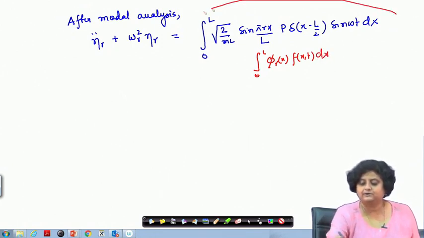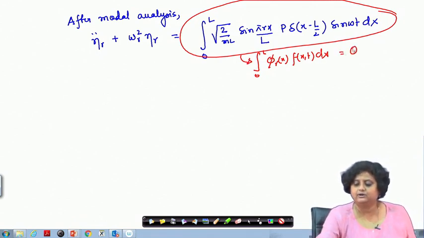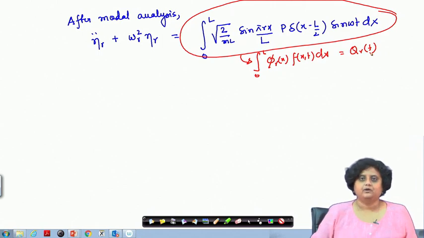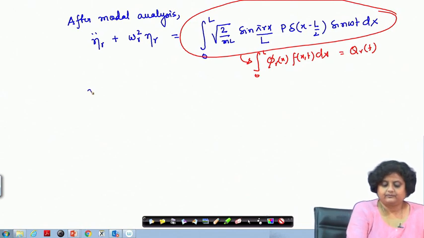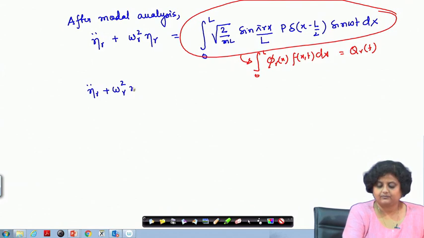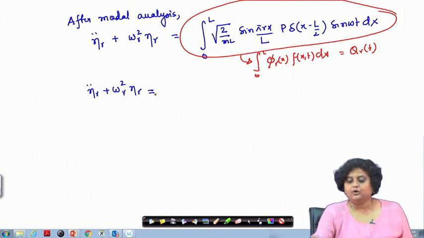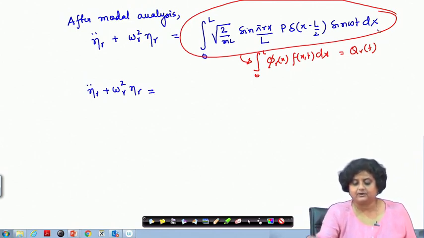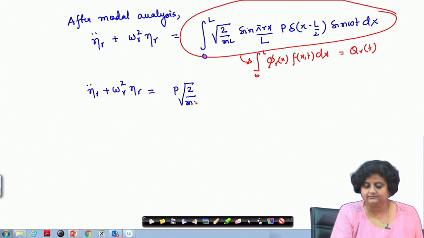This whole expression is just the expanded form of this, which is equal to Q r t. Now, let me see what is going to happen to this. I am integrating it over dx, so I can take out P root over 2 by m L, sin omega t.